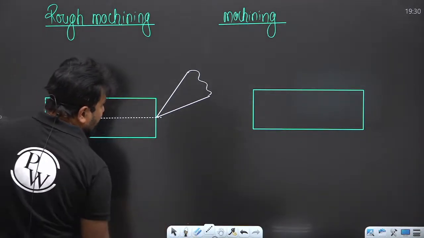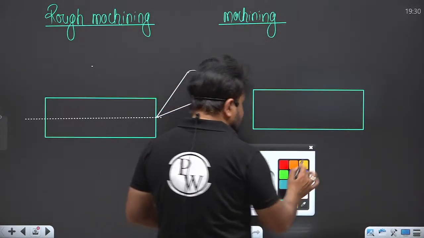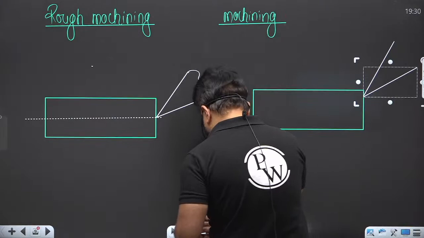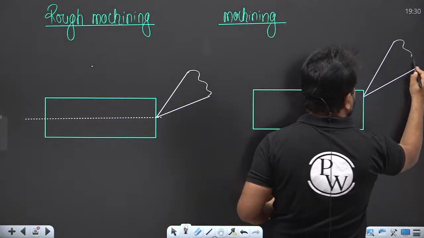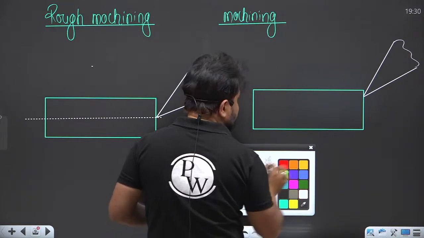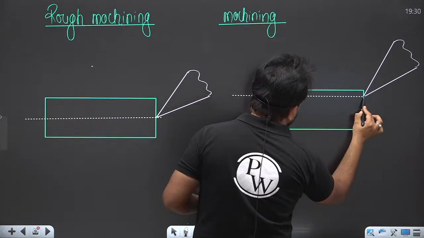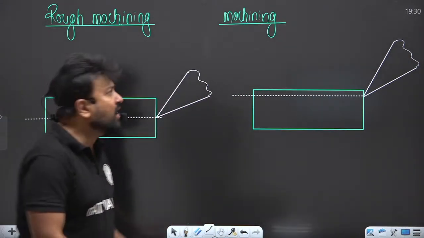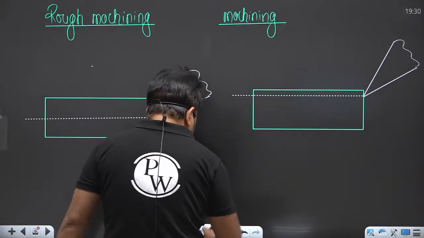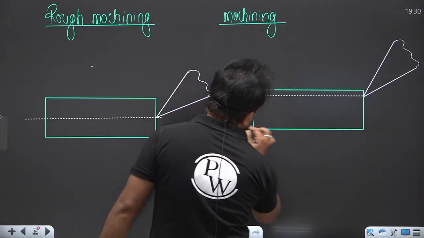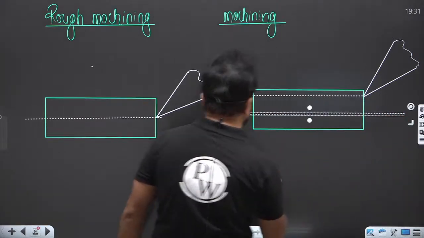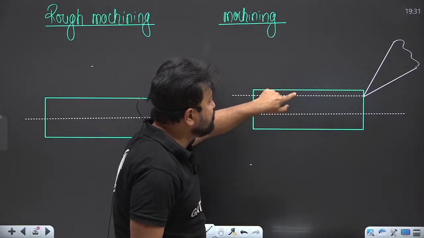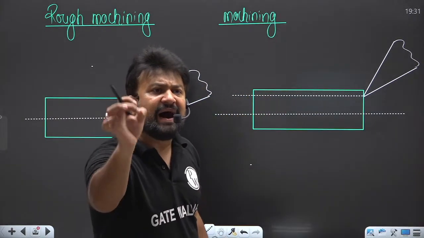But in machining, look, we are gradually removing material. Suppose I have to remove the same amount of material, but if you are saying machining, then with the help of the tool I am going to remove the material gradually, layer by layer.